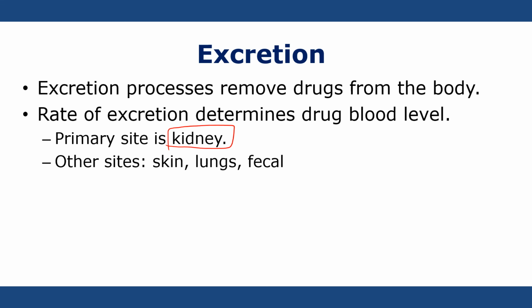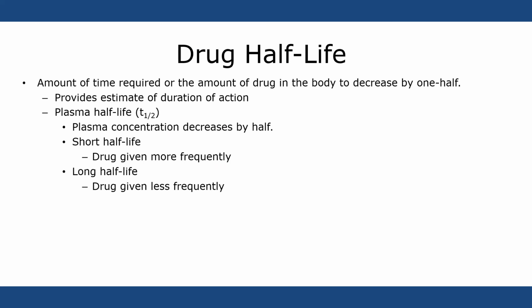A small percentage is excreted by other sites such as skin, especially if it was a topical medication, or lungs if you were using an inhaler. Let's say you have a patient with asthma or COPD and you were using inhalers, so that will be excreted by your lungs, or fecal in your stool. Okay.